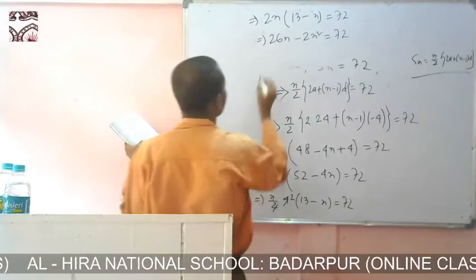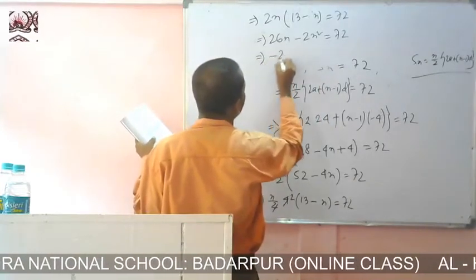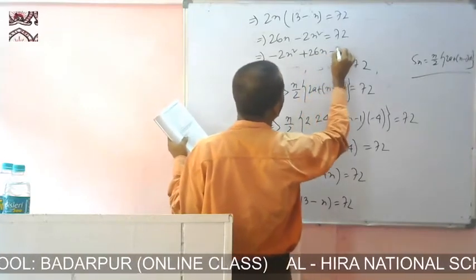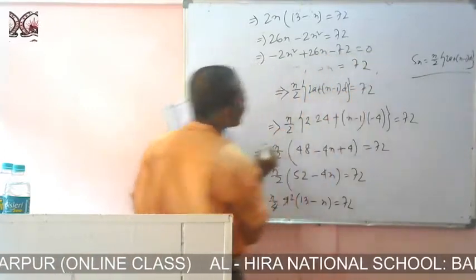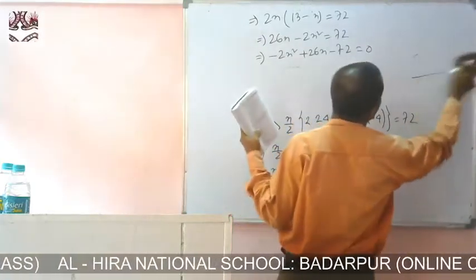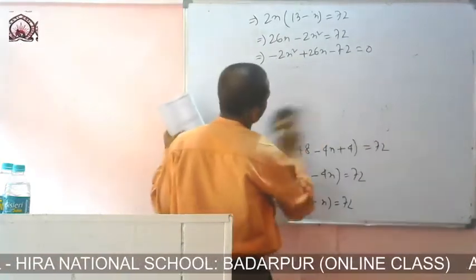Then if I arrange this, minus 2n square plus 26n minus 72 is equal to 0, then this is nothing but the middle term factorization.